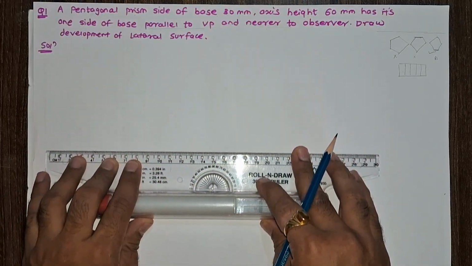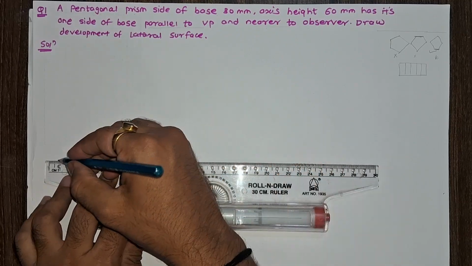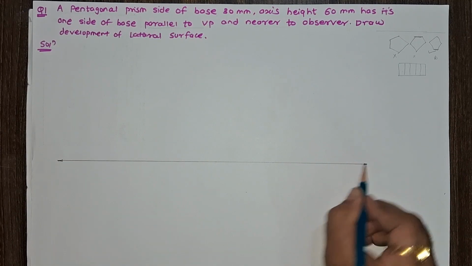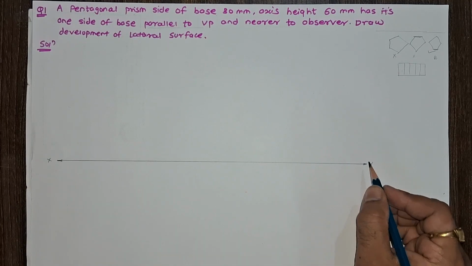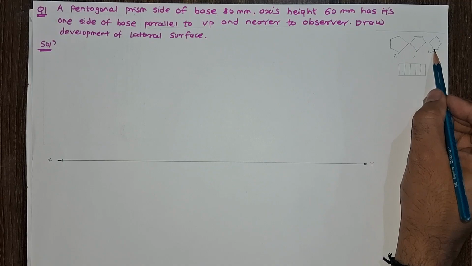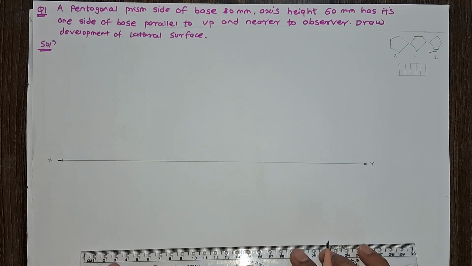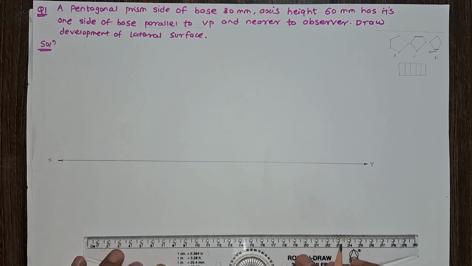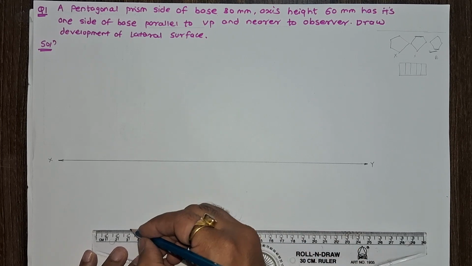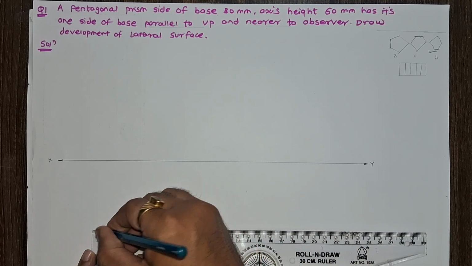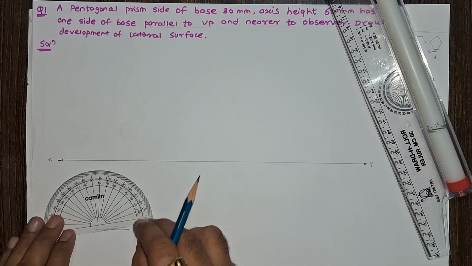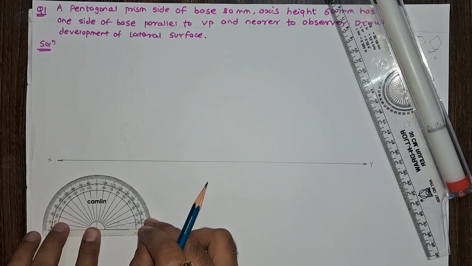So for that, draw the horizontal XY line. This is X, this is Y. Now here, you can see we want a top view of a prism like that. So here, below the XY axis, draw a 30 mm line. Then mark a 72-degree angle from both sides.